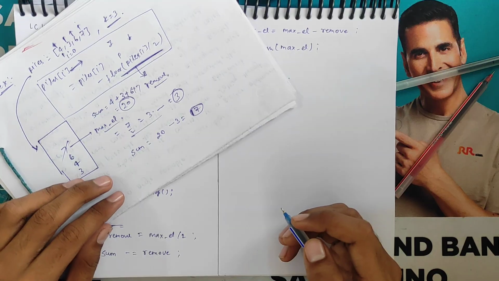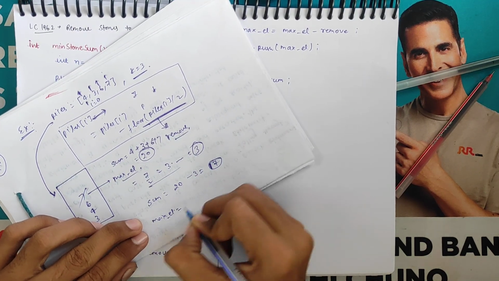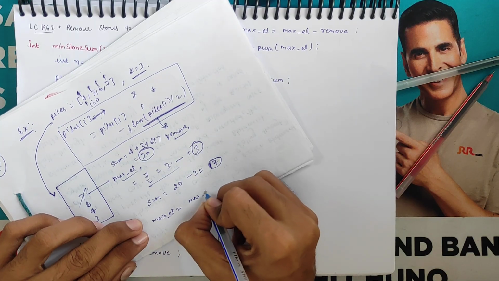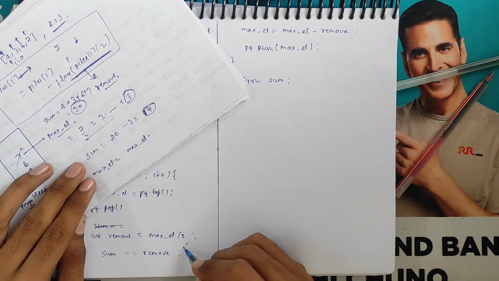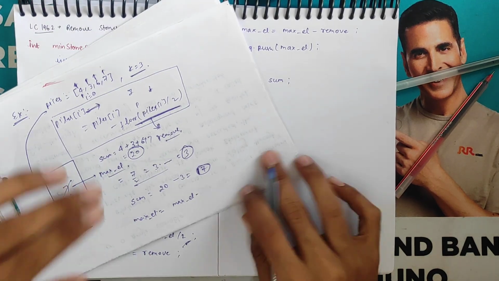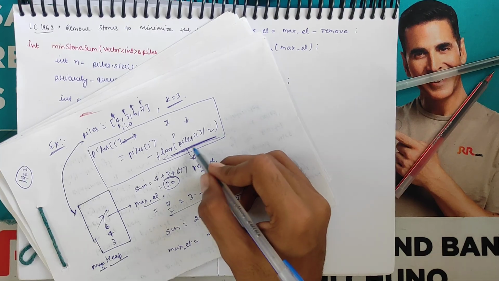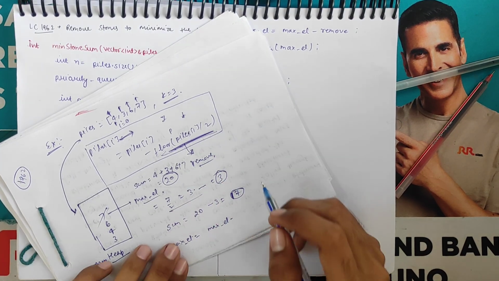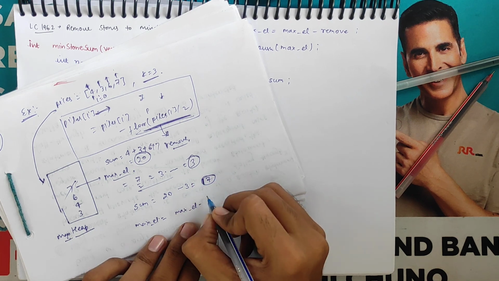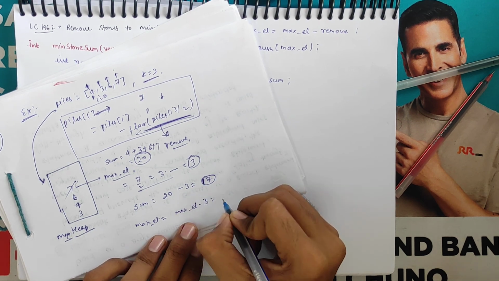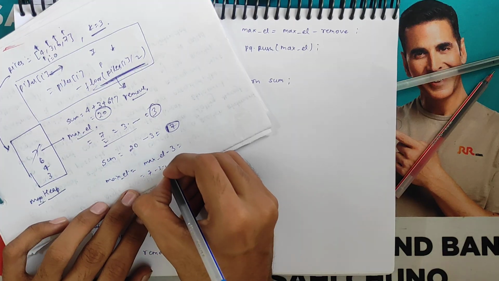Sum is 17. Now maxElement minus the removed part. What is the removed part? The removed part is maxElement by 2, because we have to basically remove that much from every pile. So maxElement minus remove: remove was 3, maxElement was 7, 7 minus 3 is 4.